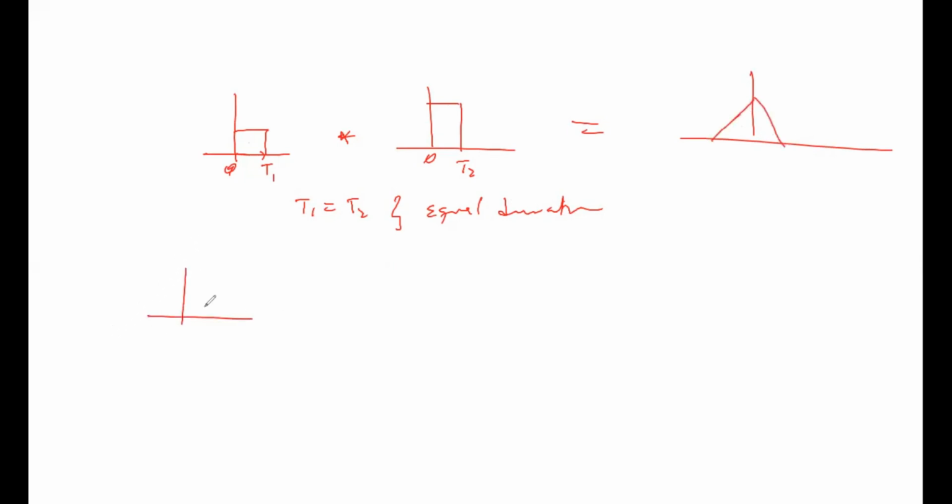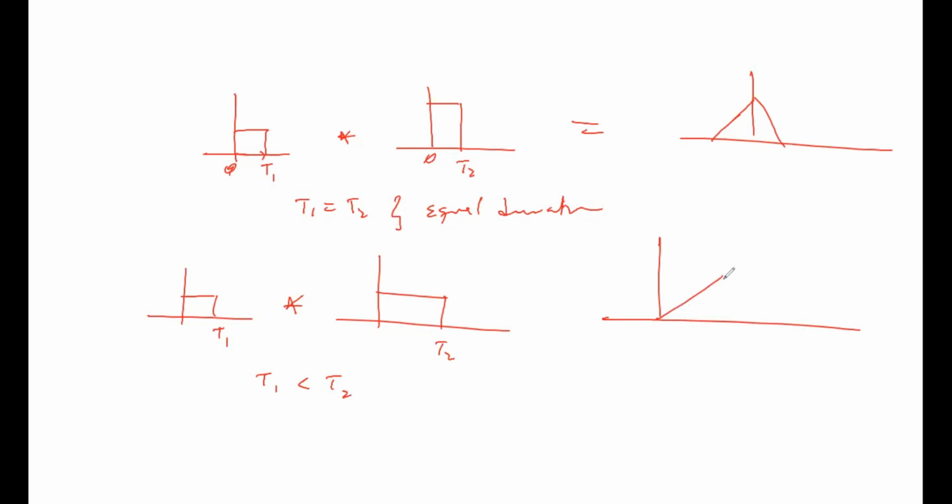Now, what if we convolve two rectangles of different duration? Okay, T1 and T2 are not equal. T1 is less than T2. So this is going to give us some kind of trapezoidal signal. The formulas for all of that are already in the lecture notes.